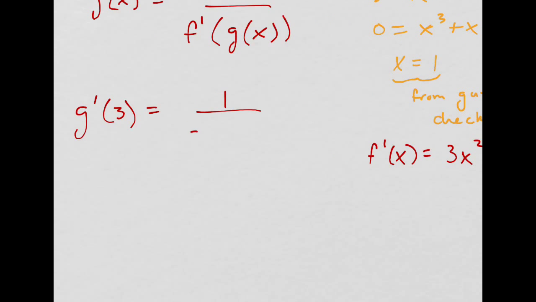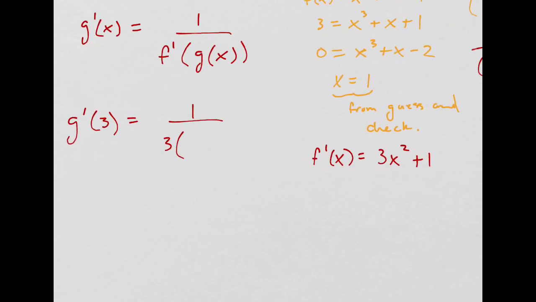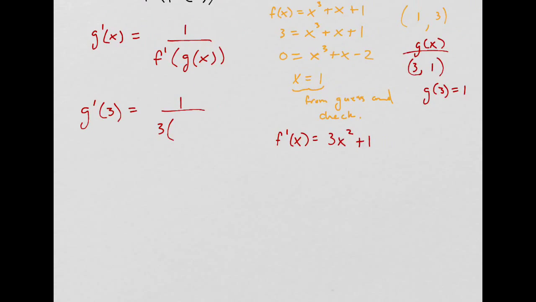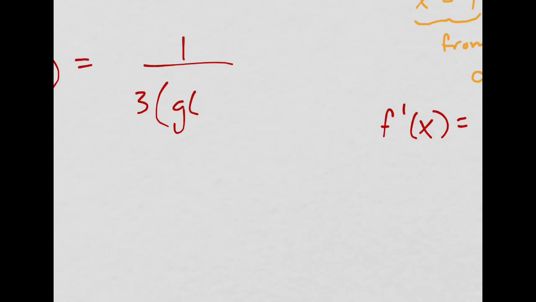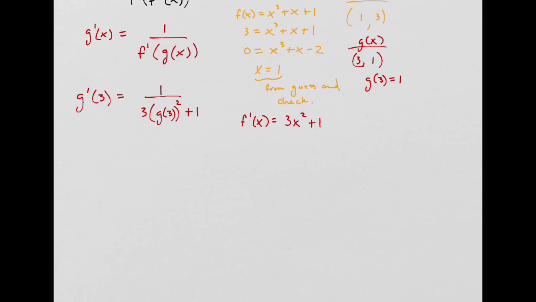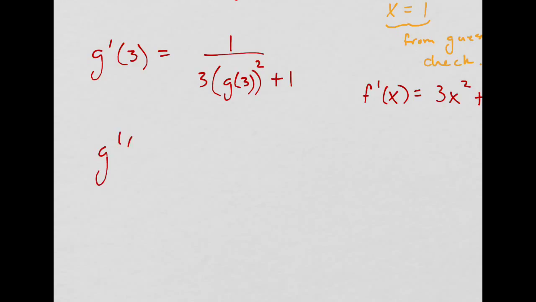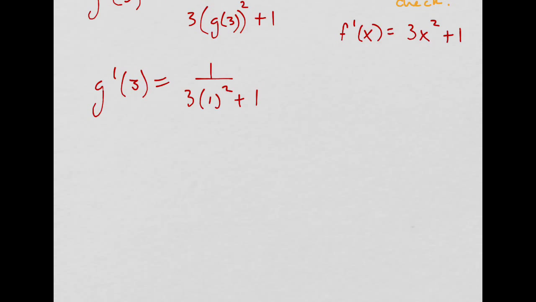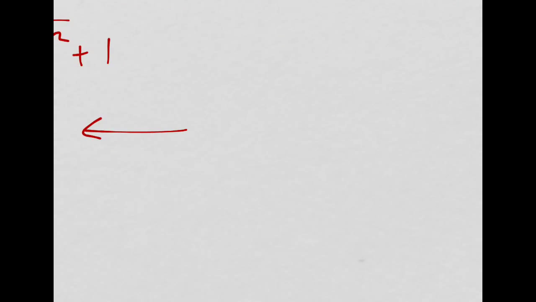I'm plugging in 3, so I put g of 3: 3 times g of 3 squared plus 1, because I'm just composing the two functions. And g of 3 is 1. So g prime of 3 equals 1 over 3 times 1 squared plus 1. That's 3 plus 1, which is 4. So g prime of 3 is 1/4. That's the slope that I needed.